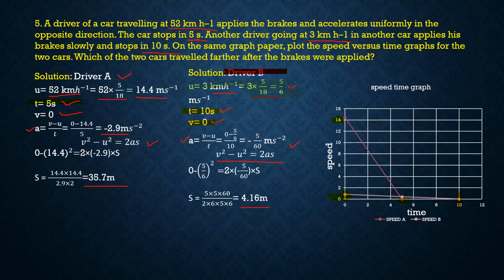So this is the graph. This is the graph for driver A, and this is for driver B. So from this we see that driver A travels more distance than driver B.